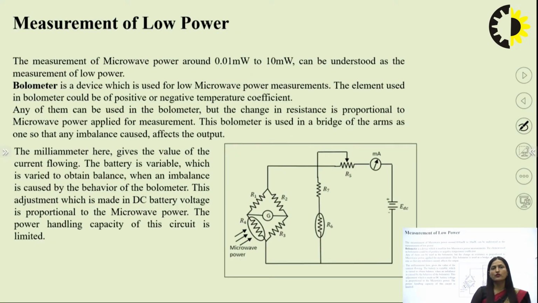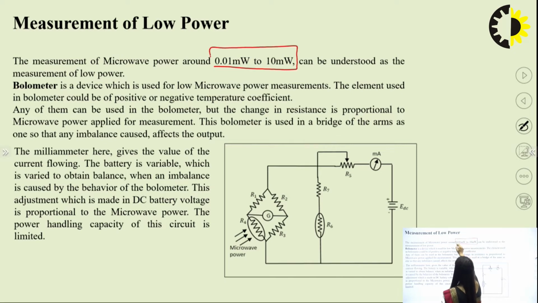So measurement of low power, how can this low power be measured? Power from 0.01 milliwatt to 10 milliwatt can be considered low power. It means for signals in this power range we use the bolometric technique. A bolometer is basically a device that is used for low power microwave measurement.